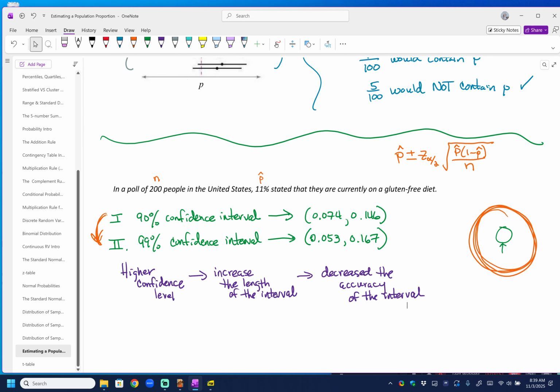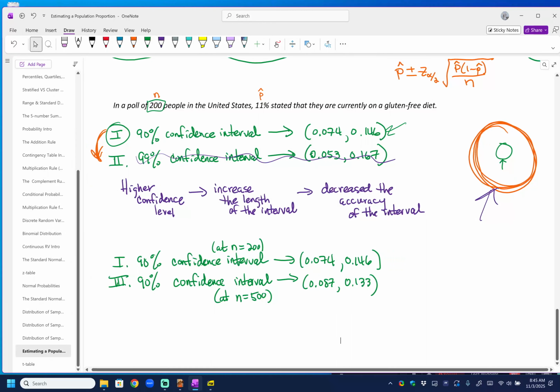So the question of the day, I guess, would be, is there a way around this? Is there a tool for statisticians to be able to, let's say, maintain a level of confidence, but still increase the accuracy of the interval? Thankfully, there is. What I've done is I've basically taken my interval at the top over here, Roman numeral 1, and I've brought it down to here.